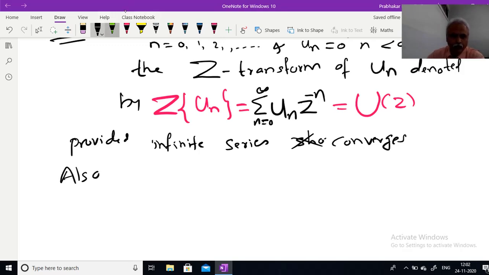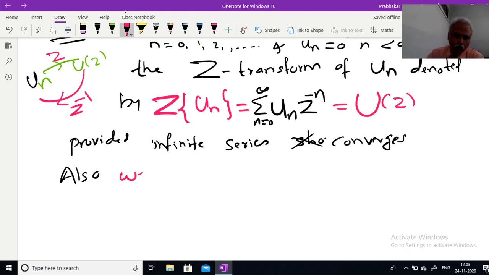Also, see here, n function to z function via z transformation. So here to here. But from here to here, how to get? That we call inverse z transformation. So this is known as z transformation of n function. And the reverse is known as inverse z transform of z function.